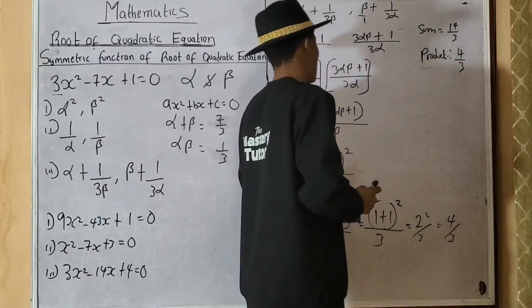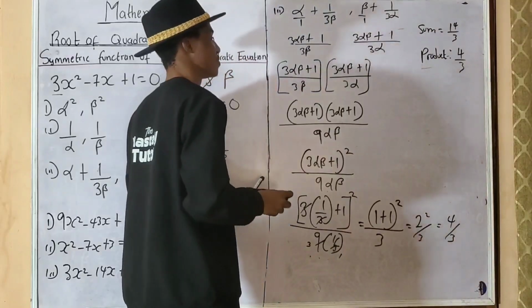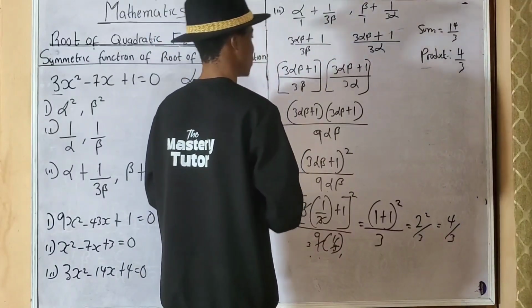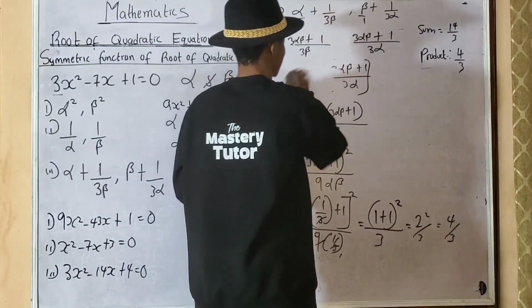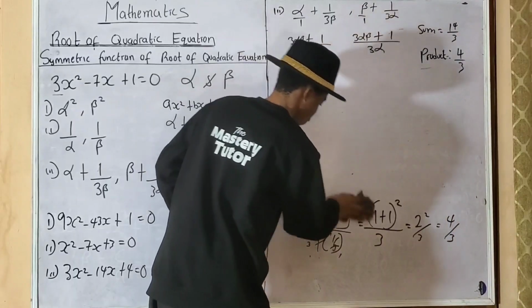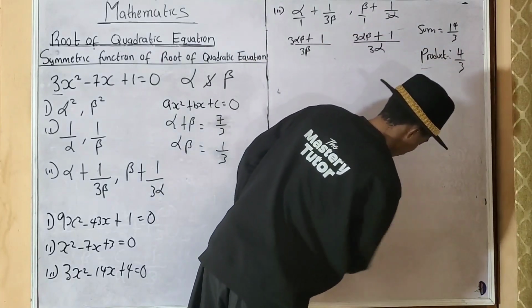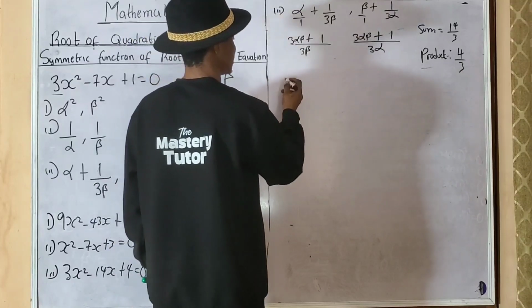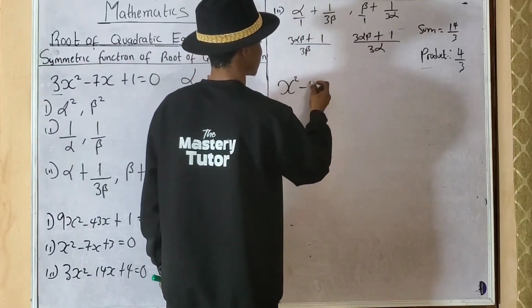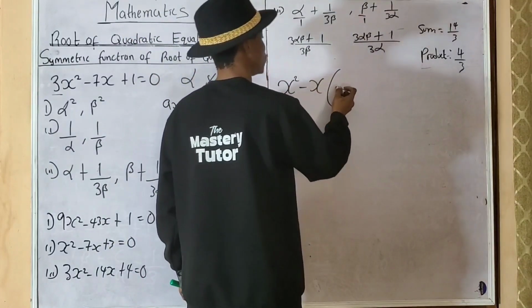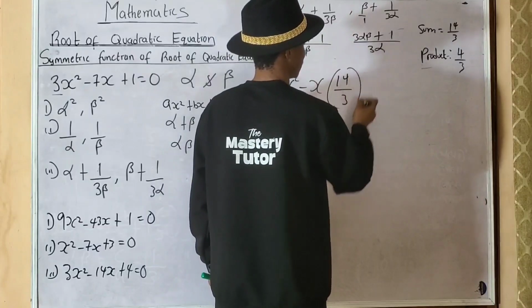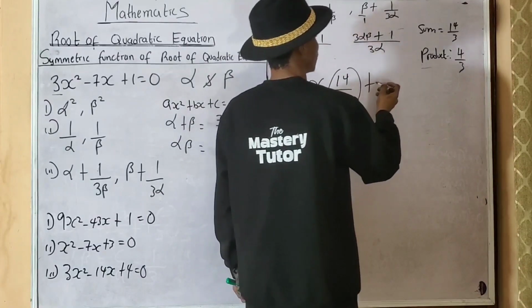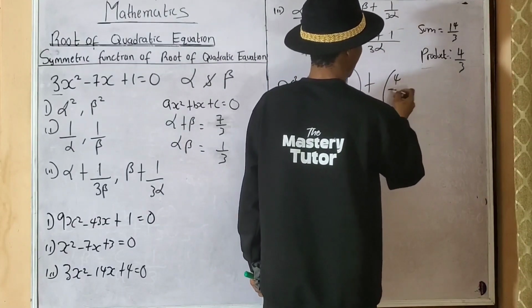Okay, so we've gotten the sum, we've gotten the product. Permit me to erase this now. Okay, now the equation is x squared minus x multiplied by the sum of the root, that is 14 over 3, plus the product of the root, that is what? 4 over 3.